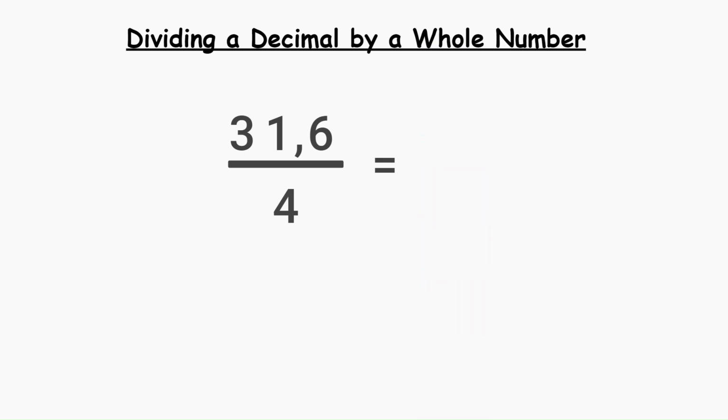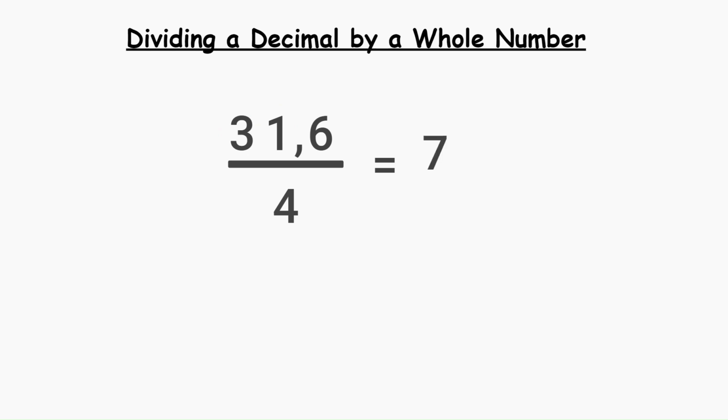So let's see how we got that. First, let's try to divide the digit that's furthest to the left by the number on the bottom. So 3 divided by 4, it's not going to work because 3 is too small. So we're going to include 1 with 3 to get the number 31, and we're going to divide.